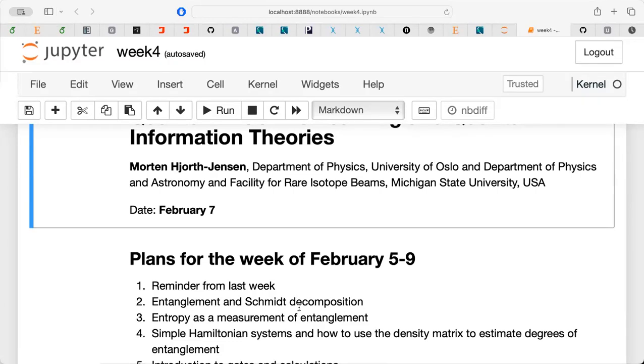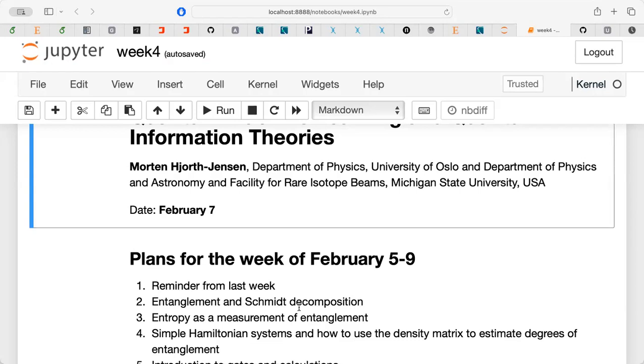Then we are going to bring up some of these elements about the entropy as a measure of entanglement. So entanglement is a quantity which cannot be observed. It's not an observable, but through other quantities like the entropy, we can define a measure of how entangled a state is.